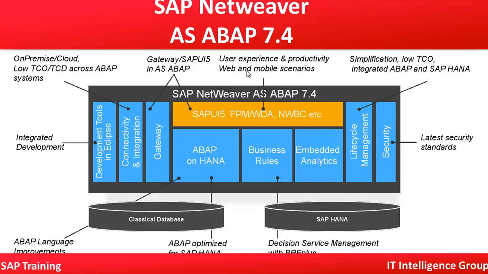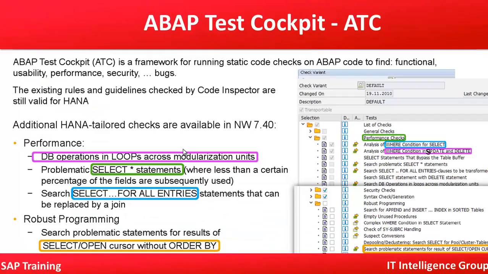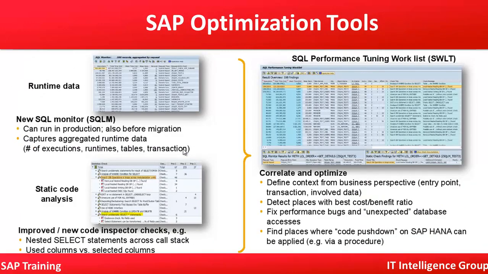This is what we will see, how when you use this you can leverage whatever is available to you. This is showing what an ABAP Test Cockpit is, how you can do your unit testing, and your functional, usability, performance and security analysis. We will see these things in detail.